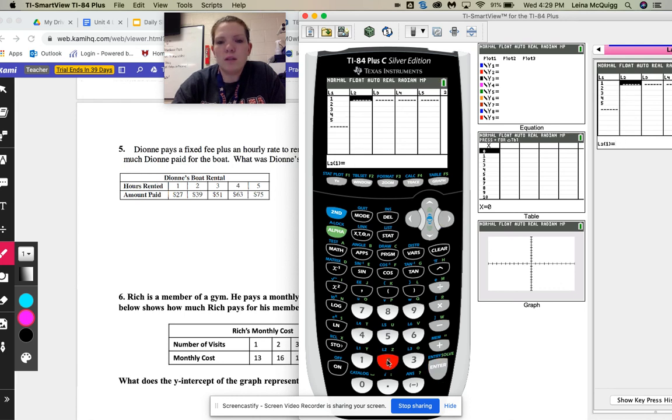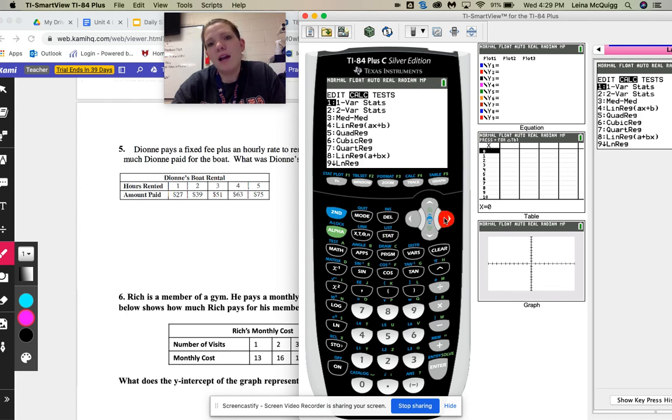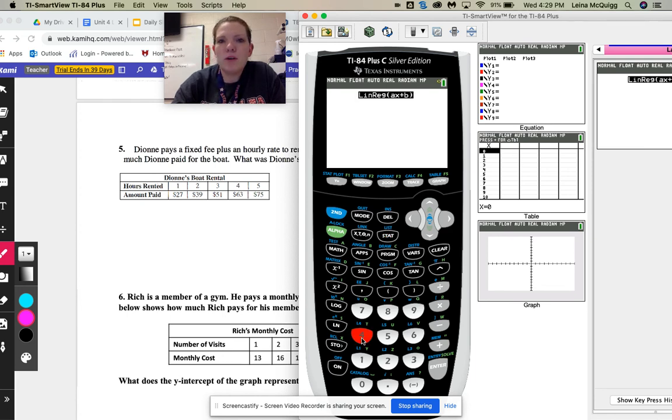L2 is going to be 27, 39, 51, 63, 75. And then I'm going to do stat, go over to calc. I'm going to hit number 4. I'm going to hit enter all the way down until it takes me to the next screen.